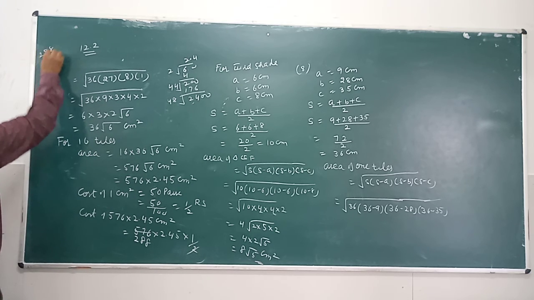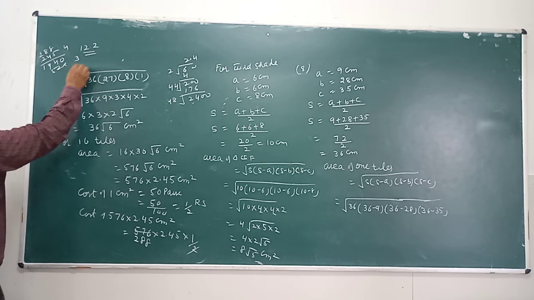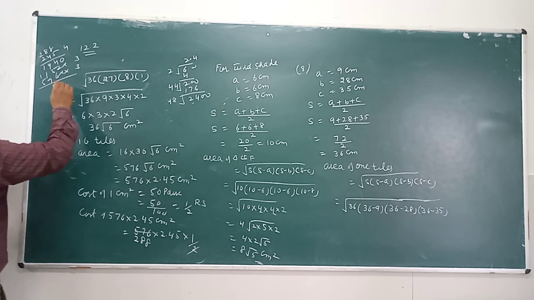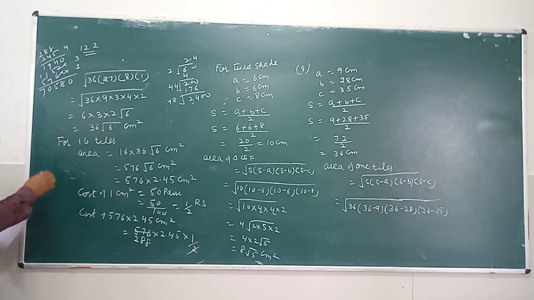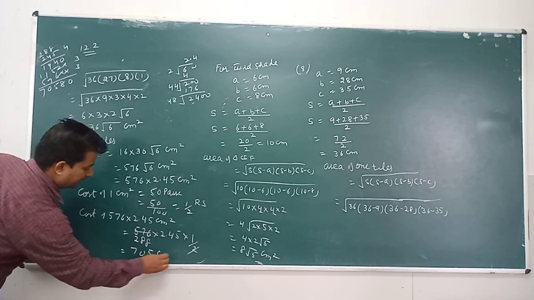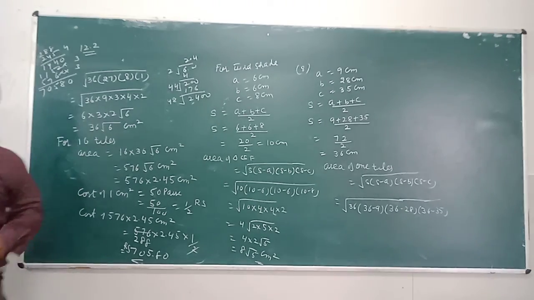When we multiply, we get 705.60. This is the cost of polishing these tiles. Thank you.